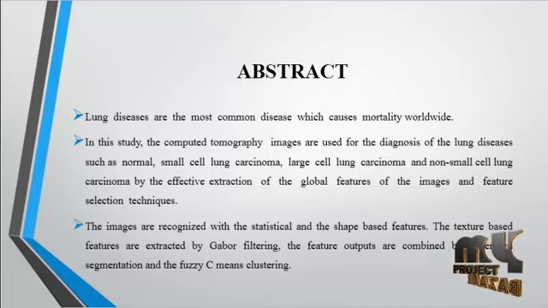Then the performance of the classification is finally evaluated by performance metrics like accuracy, sensitivity and specificity. The classification accuracy is in the range of above 90 or 95. Thus the process is efficient for lung disease classification.